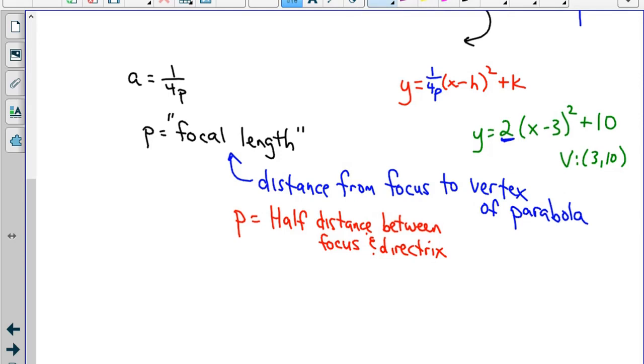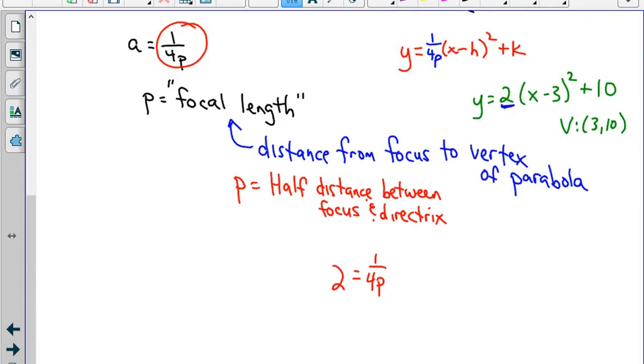But now I can take that 2, and I know that 2 is equal to 1 over 4p. If I solve for p, 4p equals 1 over 2 and then divide by 4, I get p equals 1/8. What that tells me is that the distance from the focus to the vertex is 1/8.